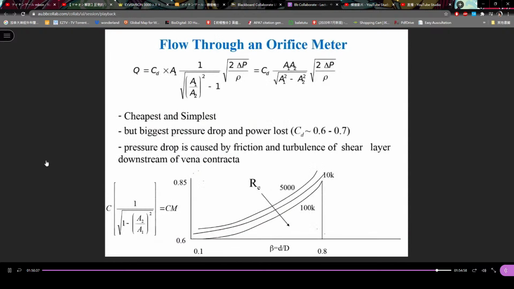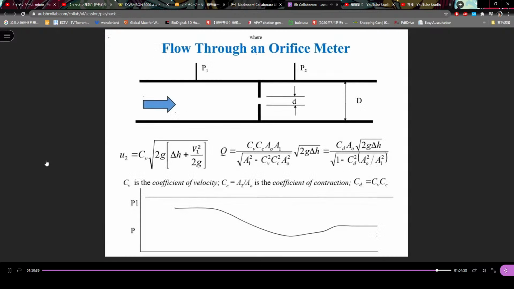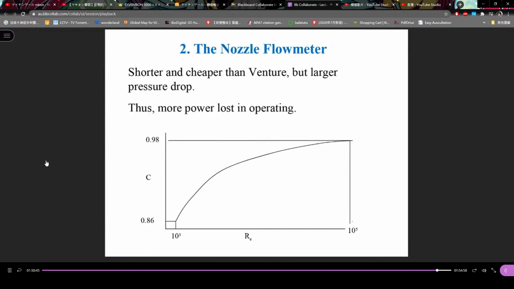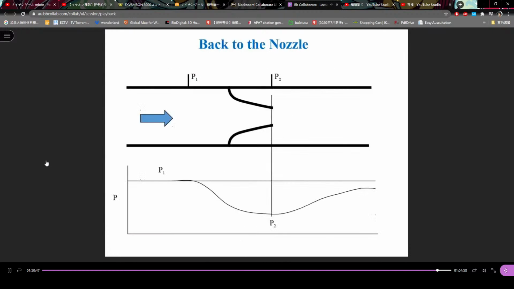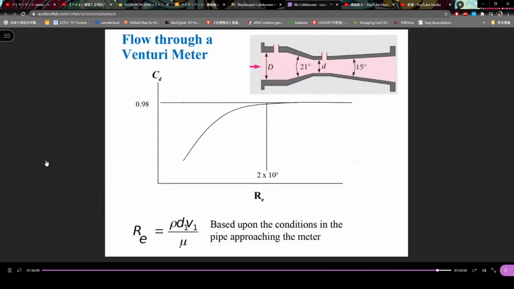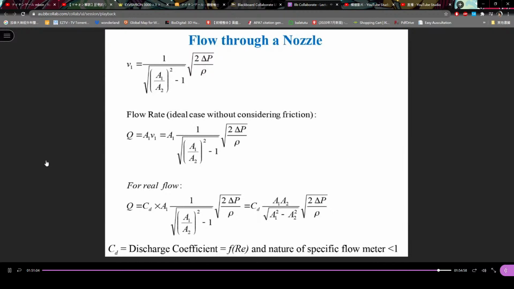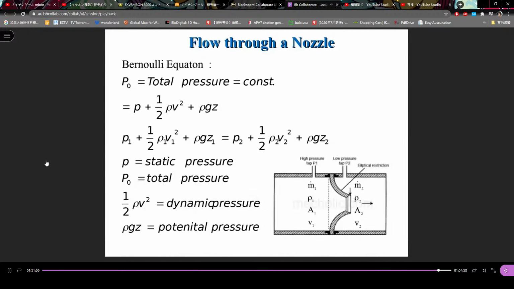Or we can use an orifice, especially for water flow measurement, a nozzle, and a Venturi meter. It really depends on what you want to measure, what situation, and you choose the right meter to do the measurement. Okay, I think I have to finish today's lecture.